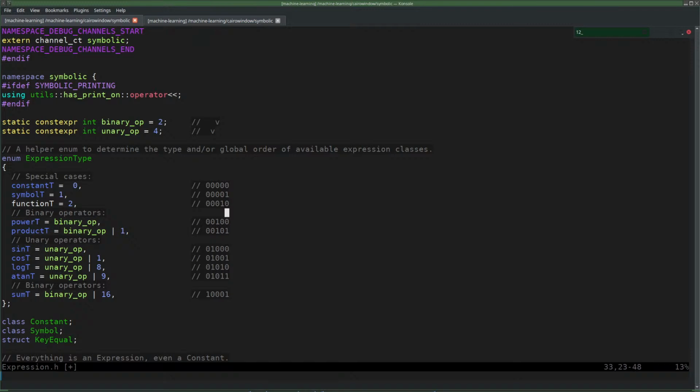So again, this is the binary operator. No, it's not set here. It must be a 1. Yep, this was the unary operator.